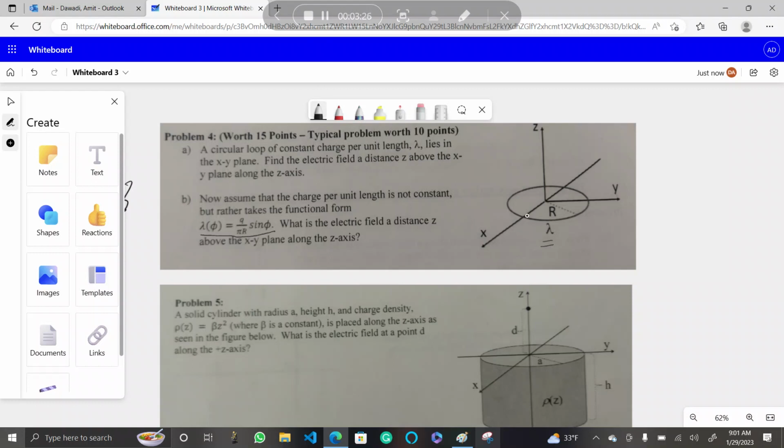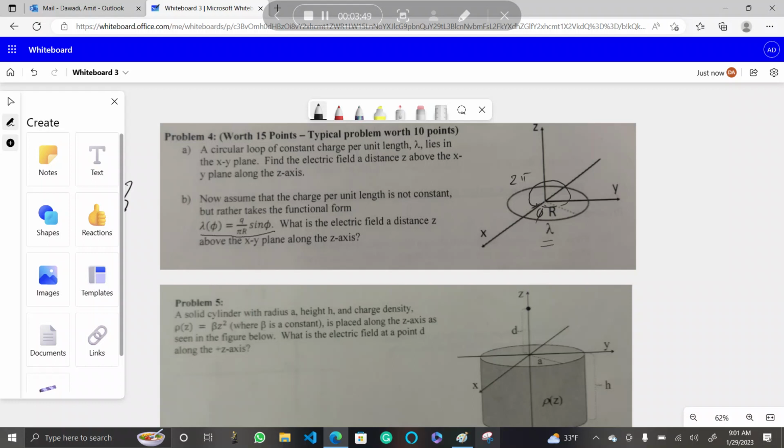In the previous case, lambda, the charge per unit length, is the same as we go from here to here. But in this case, the charge per unit length is changing with phi. Here phi is the angle with the x-axis, and it moves something like this up to 2 pi. So the lambda is changing with phi.